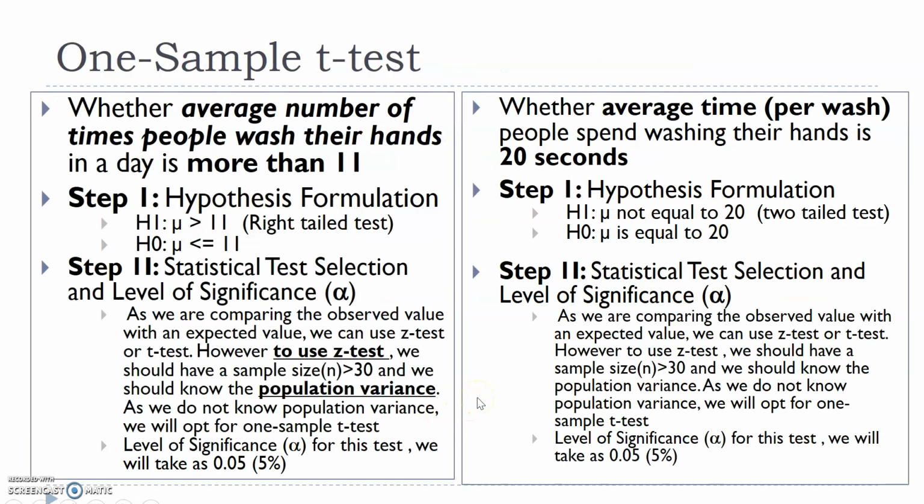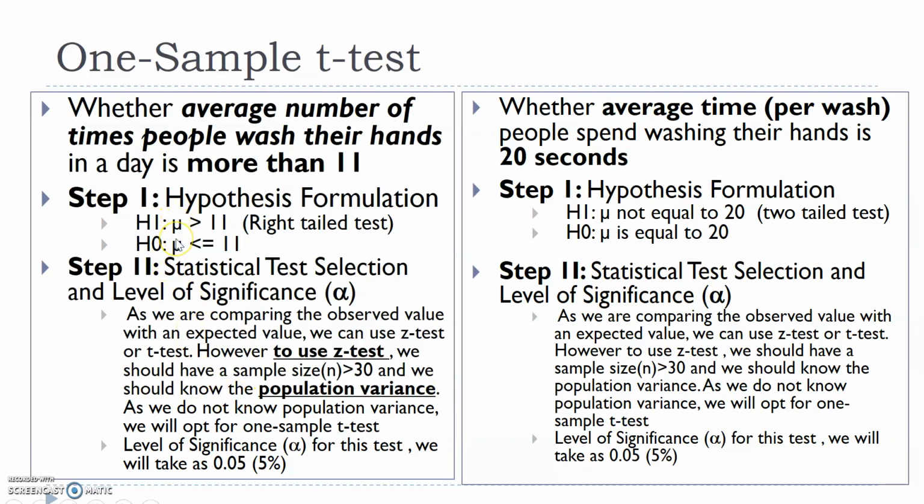So we'll go step by step. Again, let's say the first objective is that the average number of times people wash their hands in a day is more than 11. So the first step in any hypothesis testing is to formulate your hypothesis. And as I said earlier in my previous videos and slides, whichever is our research hypothesis has to be our alternate hypothesis, right? So what we want to understand is whether the number is greater than 11. That is obviously my research hypothesis, and that will be my alternate hypothesis H1.